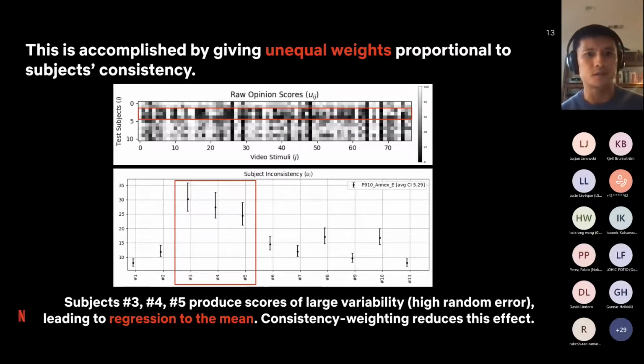They're very inconsistent with the rest of the scores, and this can be considered a very high random error. This effect leads to regression to the mean in the overall recovered score, especially when you're using the first method. When you use the second method, consistent weighting will give less weight to these 3 subjects. And this, as an end result, reduces this effect, as we have seen in the previous slide.